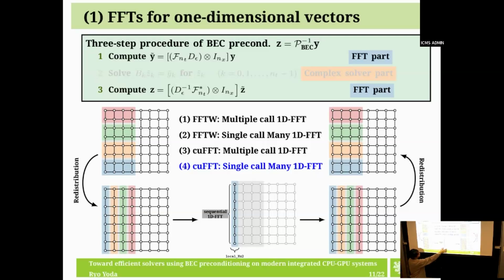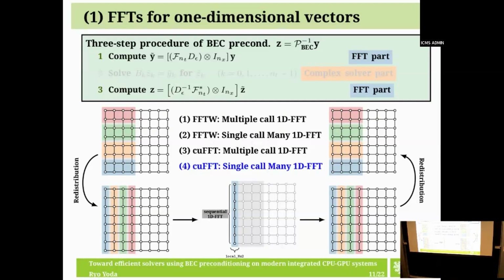I think this is slightly better compared to many cores. The last two use the cuFFT libraries, which is the same: multiple cores for one 1D FFT, and the last one is a single core for many FFTs, using the cuFFT libraries.